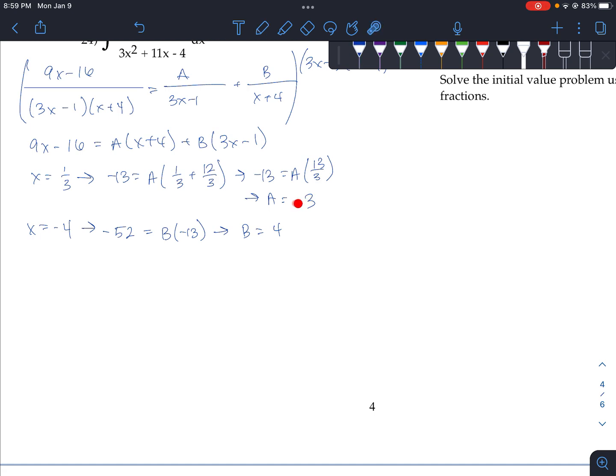Okay, so since this was negative, I'm going to write this term last. So I'm evaluating the integral of 4 over x plus 4 minus 3 over 3x minus 1 dx.